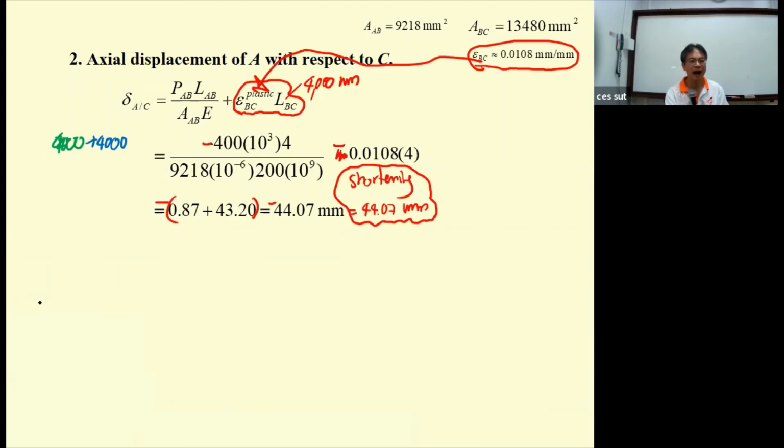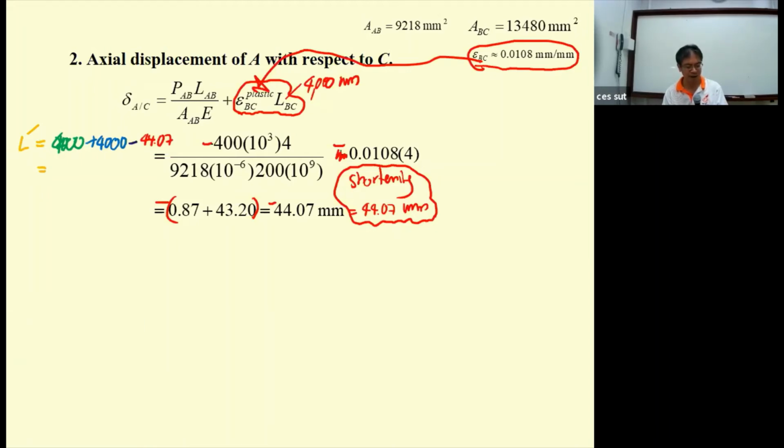So the L prime after application of the force, this one is supposed to be minus of what? Minus 44.07. So the L prime is going to be less than 8,000 if you push everything into your calculator.